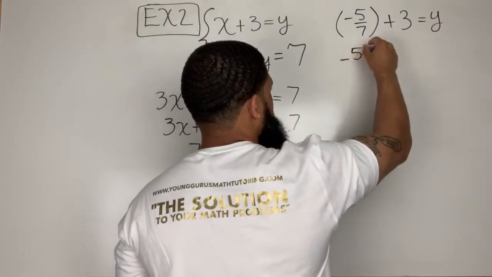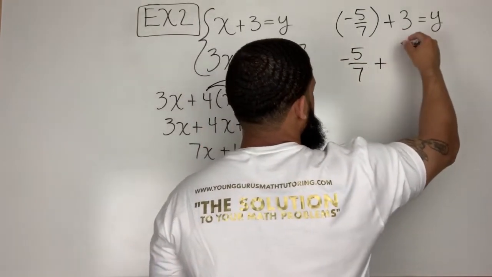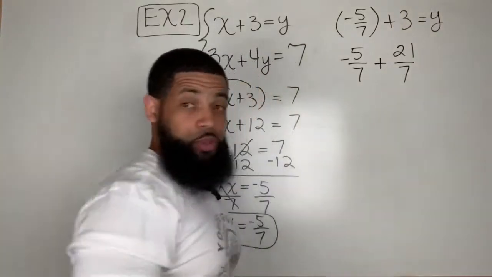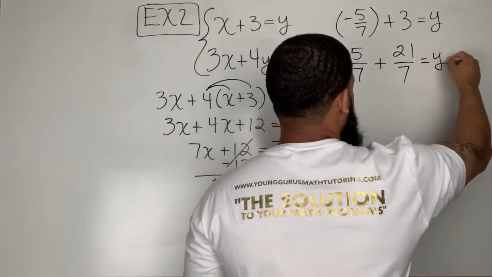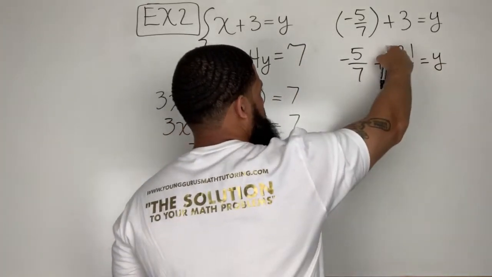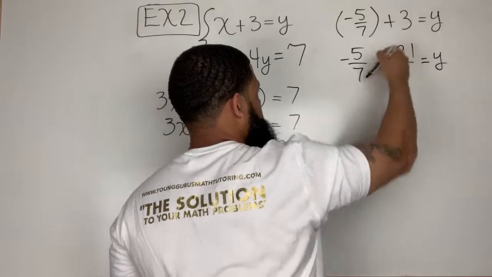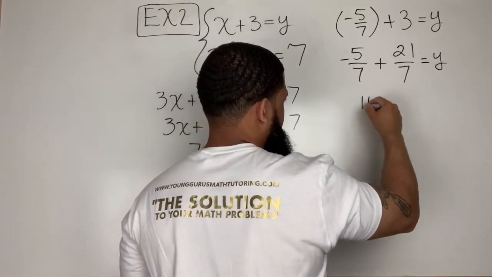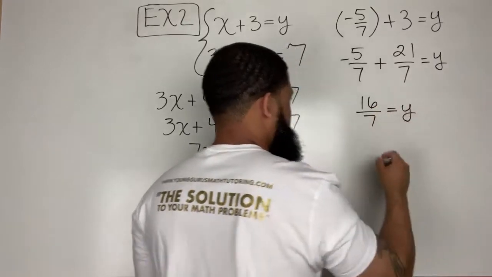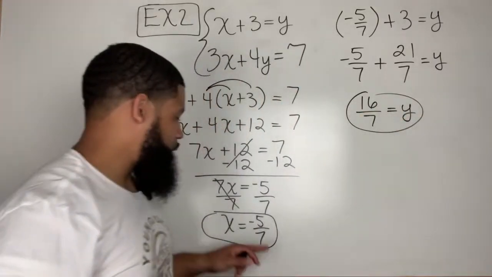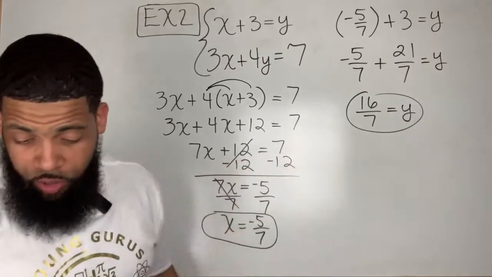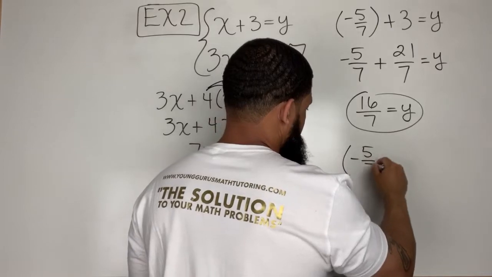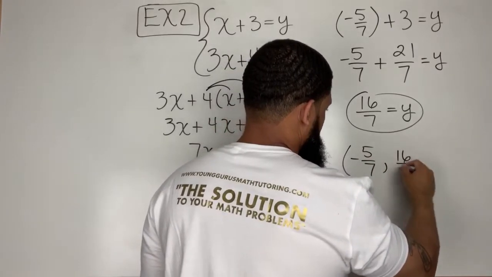So negative 5 over 7 plus 21 over 7. Remember, 21 divided by 7 is still 3. And that equals y. Negative 5 plus 21 is 16, so 16 over 7 equals y. So now I have my x, I have my y. That means my solution is negative 5 over 7 and 16 over 7.